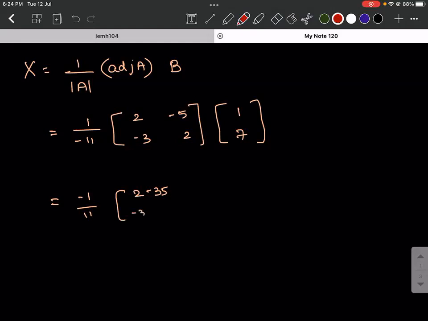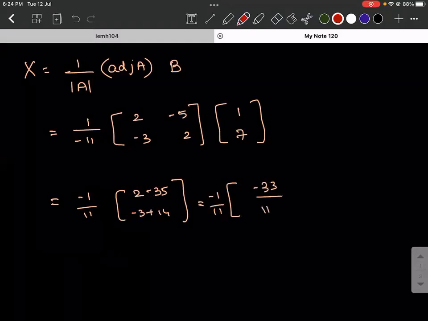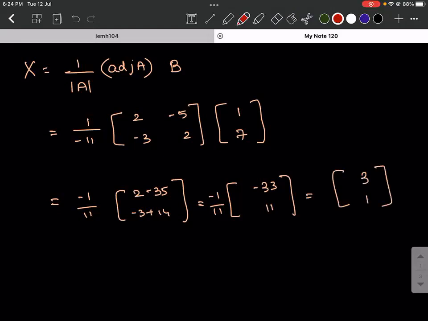And minus 3 plus 14. So I get minus 33. So minus 1 by 11, times minus 33 and 11. So I get 3 and minus 1. So this is x, y. So x is 3, y is minus 1.